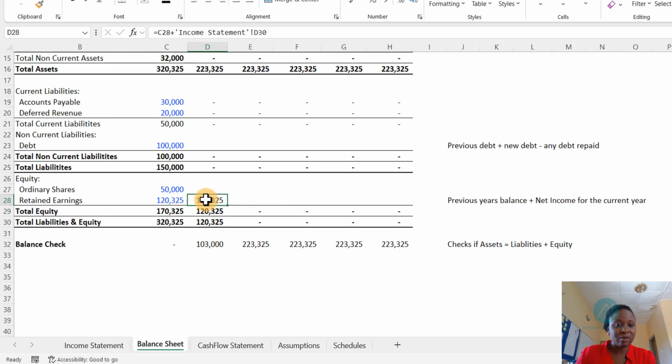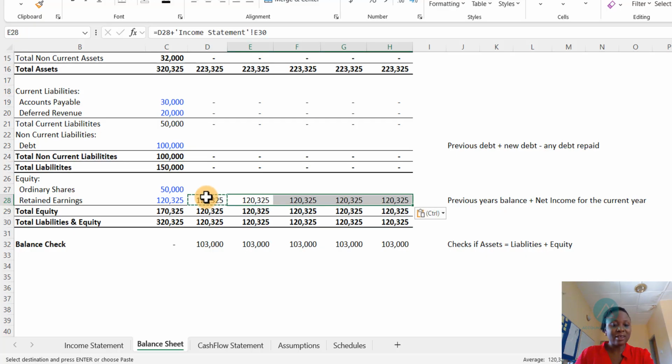This will give us our retained earnings. Because we've not inputted anything, you can see there is nothing adding up. So let's copy this, Control C and paste, right? So that's it.